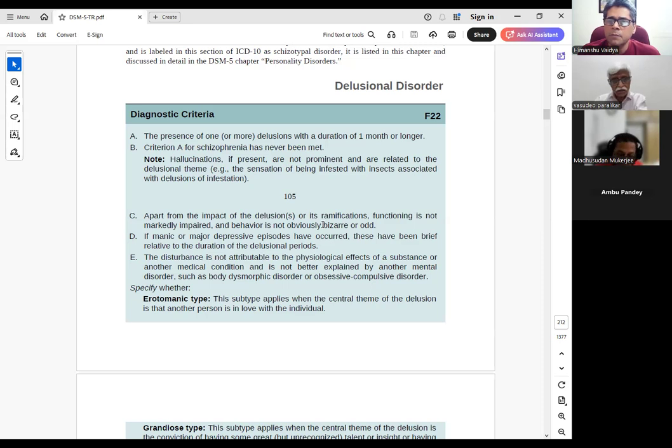So then the defense of projection is used to put it onto the other and say, he will kill me. And that leads to paranoia, the delusion of persecution. So we use defenses twice. First is reaction formation, then projection. So that is the delusion of persecution in Freudian terms.